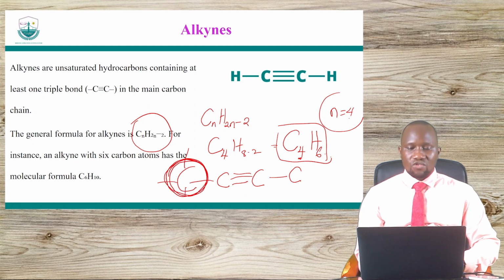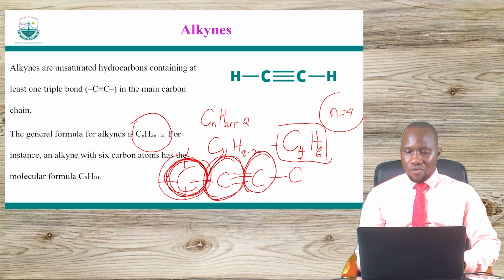So this circled one has 4 bonds, 1, 2, 3, 4. This one also has 4, the second one has 4, the third one has 4 already, and then this one needs 3 more to make 4. Okay?